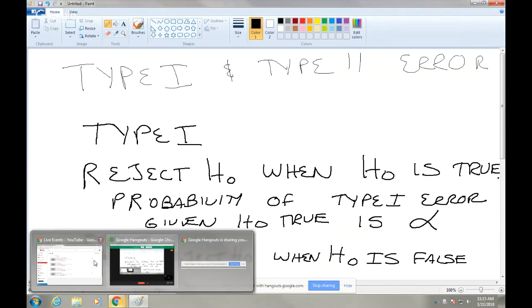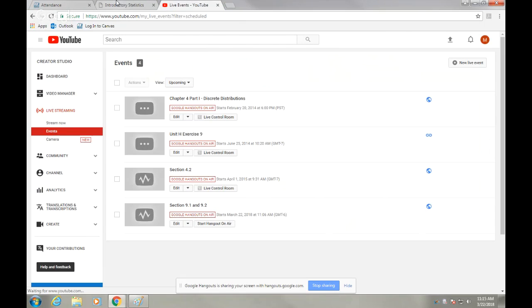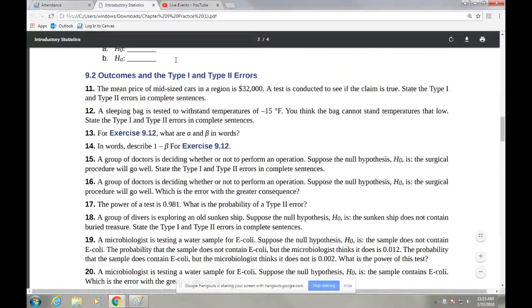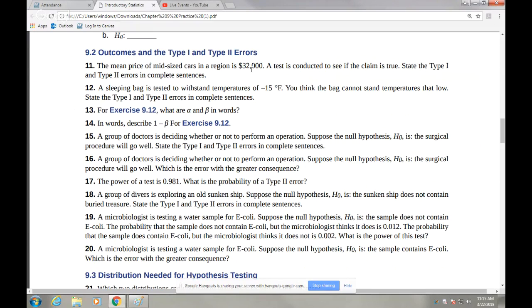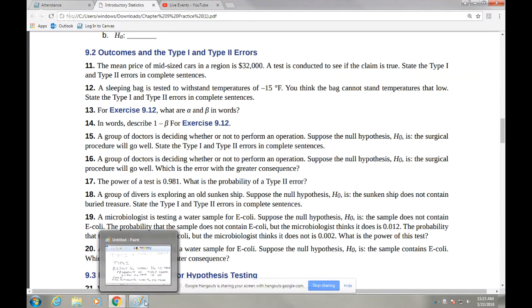With that in mind, let's go over some of the questions that are coming up here. I'm going to go through some odd ones, and then you guys have the even ones for your homework. The mean price of mid-sized cars is $32,000. A test is conducted to see if the claim is true. State the type 1 and type 2 errors in complete sentences.